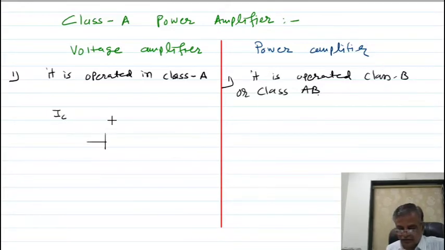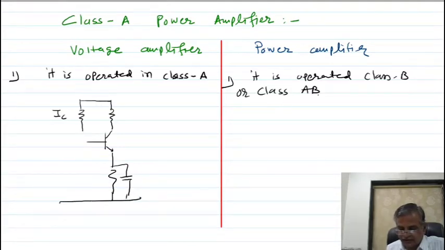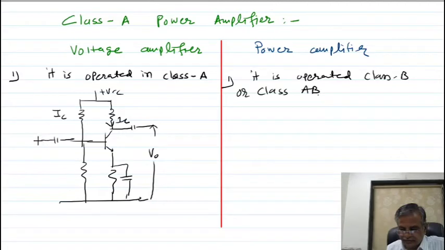Suppose this is your amplifier circuit, this is your plus VCC, here is the collector current, this is the output, and this is the input signal you are giving.